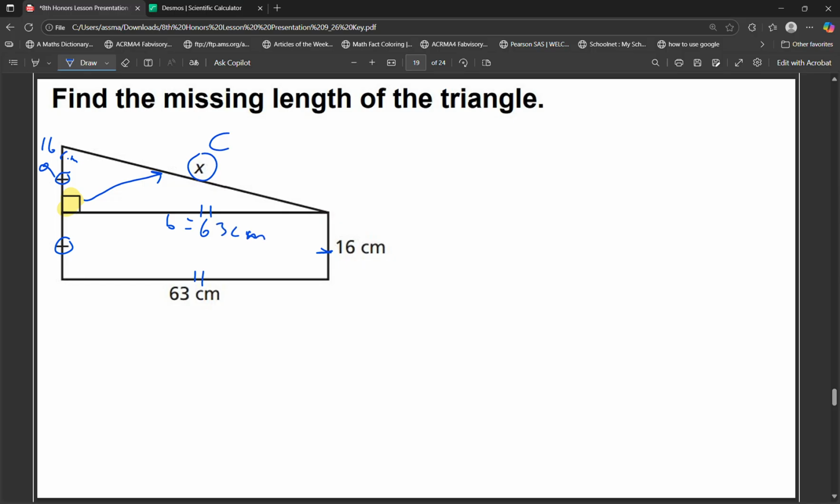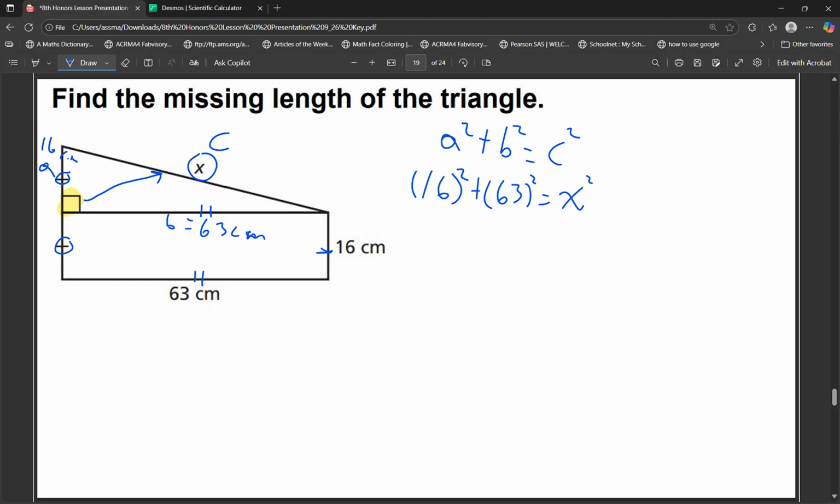Whoops, let's put that a little neater there. 63 centimeters. And all I have to do now is just use the formula. A squared plus B squared is equal to C squared. So I'll have here, my A is 16 squared, plus 63 squared is equal to X squared.